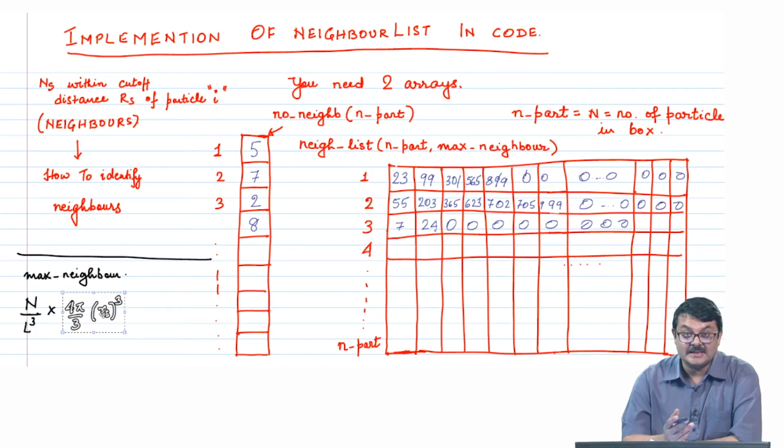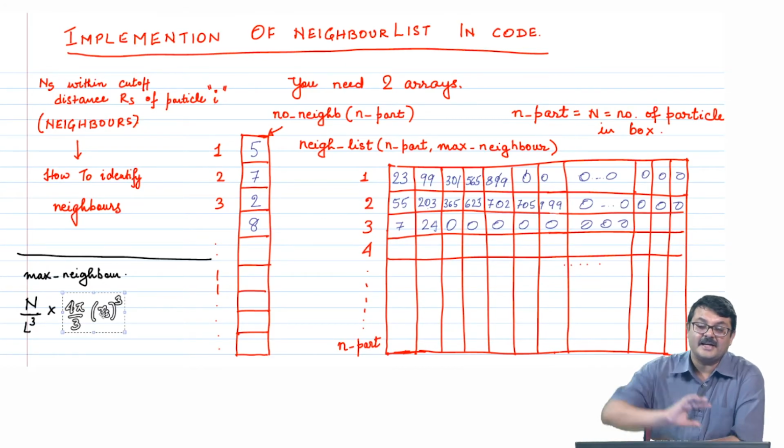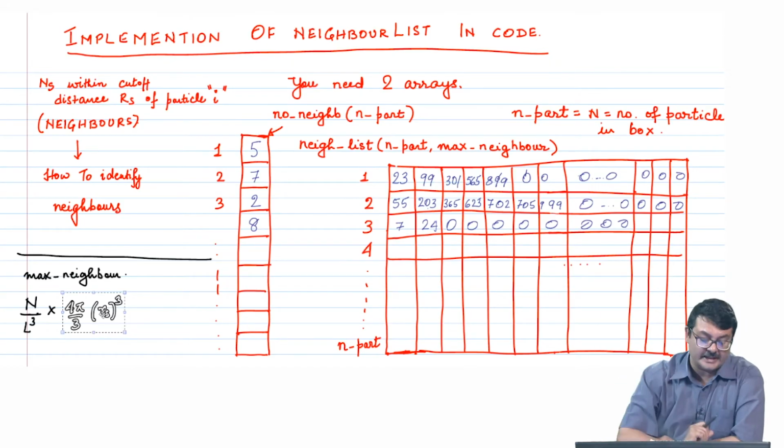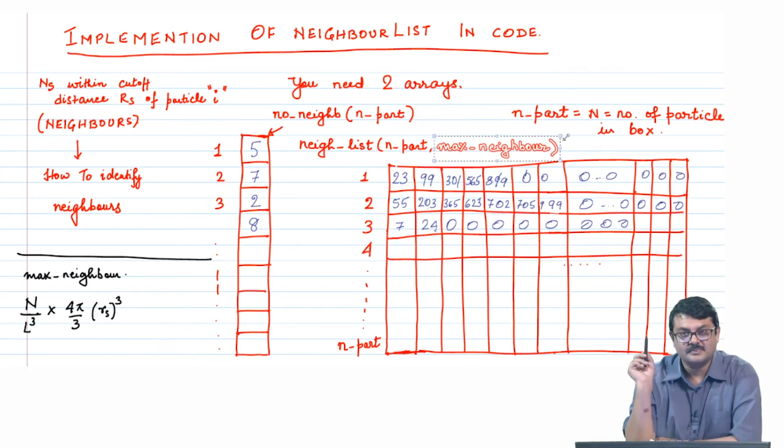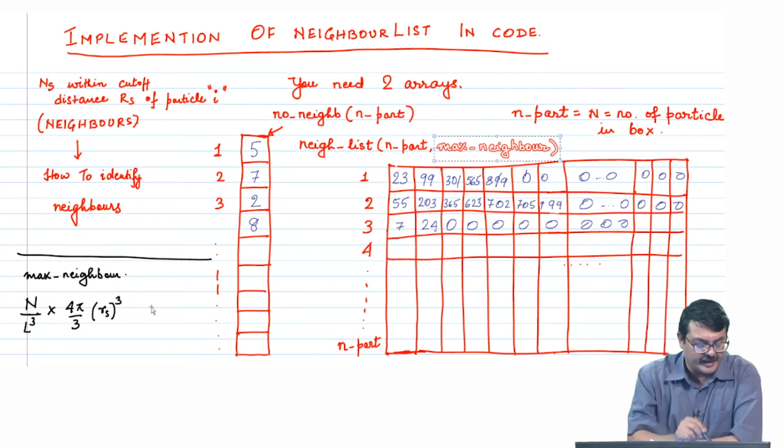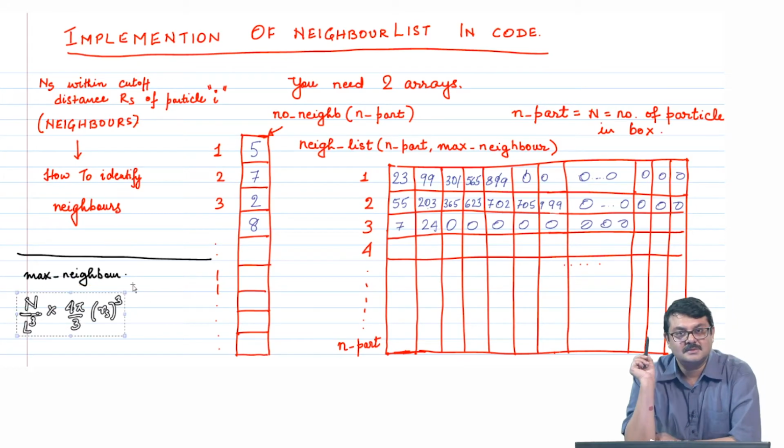But as I said, due to interactions, the local density within a certain part of the box could be much higher, could be 3 times or 4 times that of the average density, and some other part of the box could have lower density. So, you would typically choose max neighbor as 4 or 5 times this number.